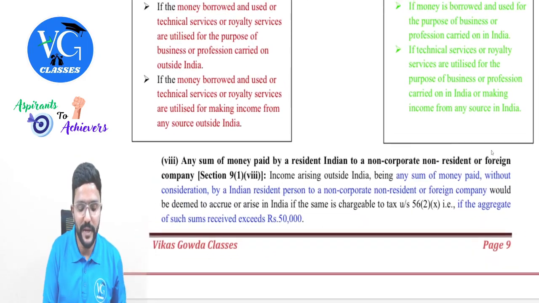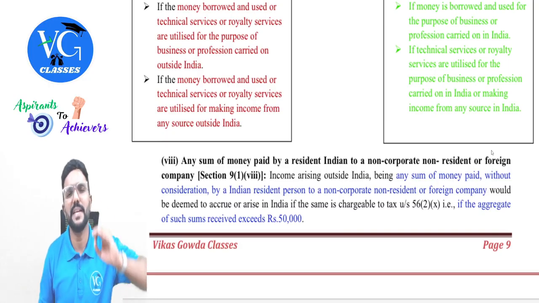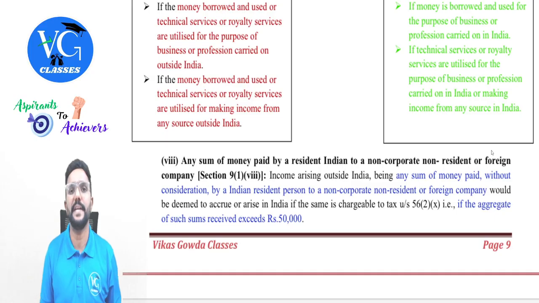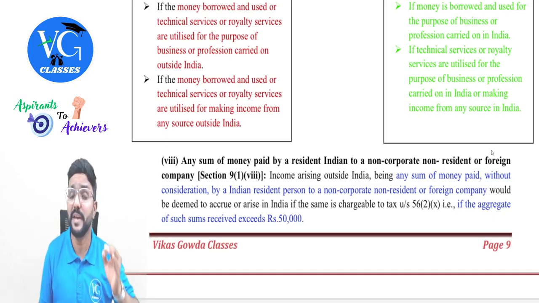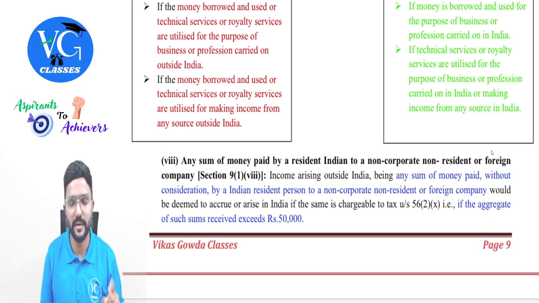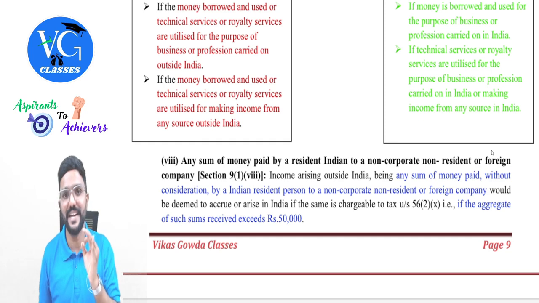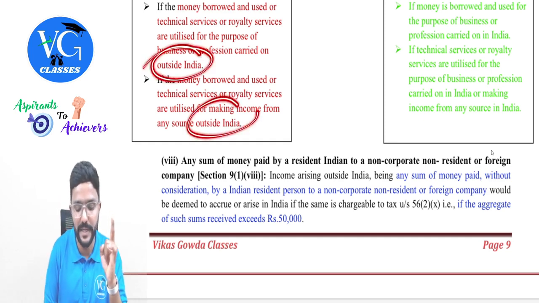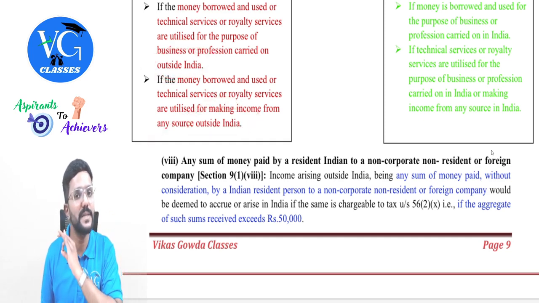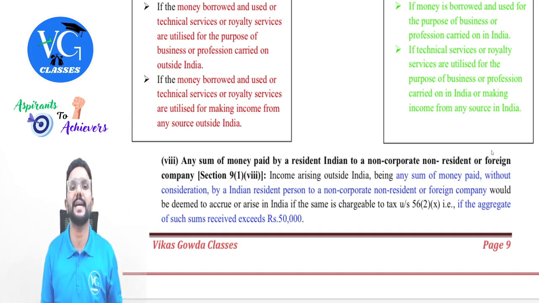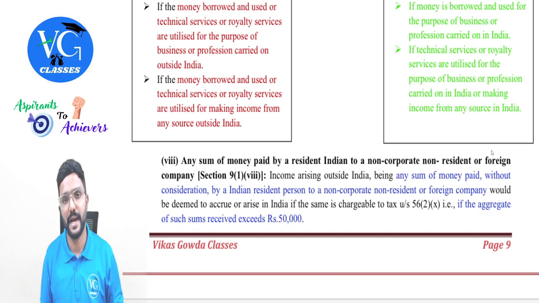Then, if the money borrowed and used, or technical or royalty services, is for making any money from any source in India, it is taxable. But if it is outside India, please be careful, both the points are outside India, then income is not deemed to accrue or arise in India.